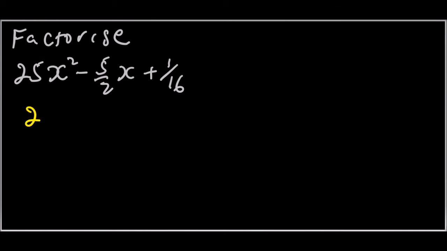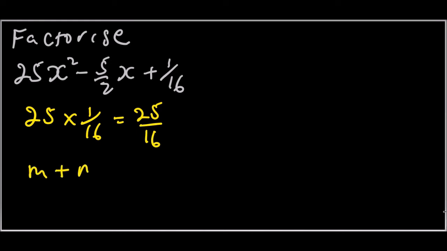You multiply 25 by 1 over 16, and that should give you 25 over 16. Once you do that, get two numbers, m and n: when you add m to n, it should give you minus 5 over 2, and when you multiply m by n, you should get 25 over 16, the product we have got here.